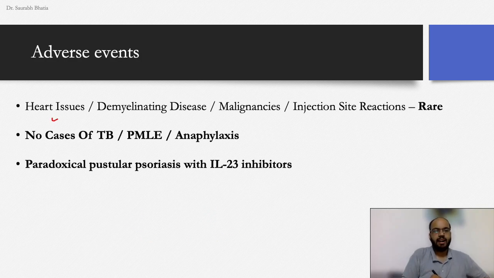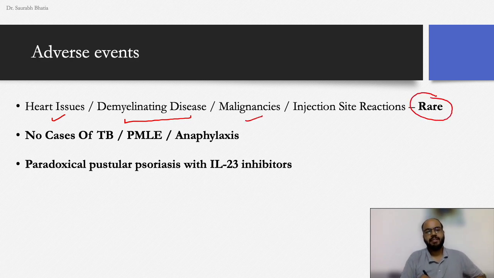Okay, so as I said, heart issues and demyelinating disease, which we found to be a more important side effect while using TNF alpha inhibitors, were found to be rare. Malignancies and injection site reactions have all been found to be rare. No cases of TB activation, demyelinating disorder, progressive multifocal leukoencephalopathy, or anaphylaxis have been reported with Ustekinumab. However, there have been individual case reports of paradoxical pustular psoriasis activation.